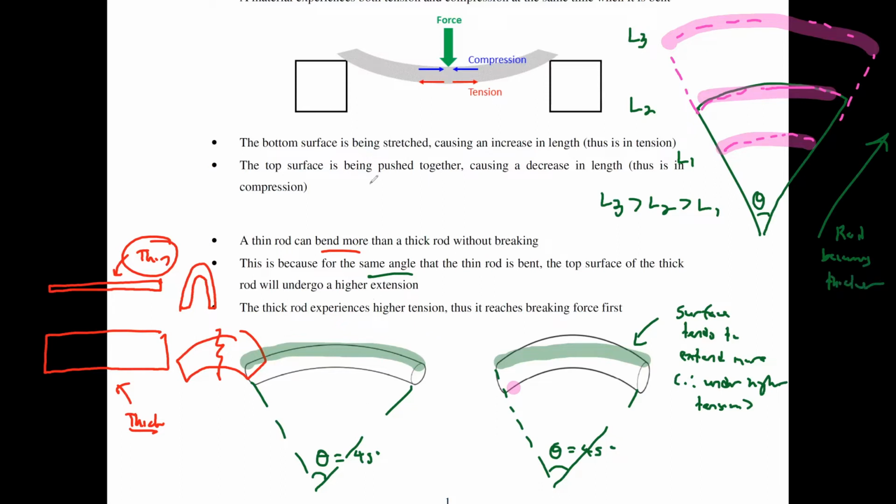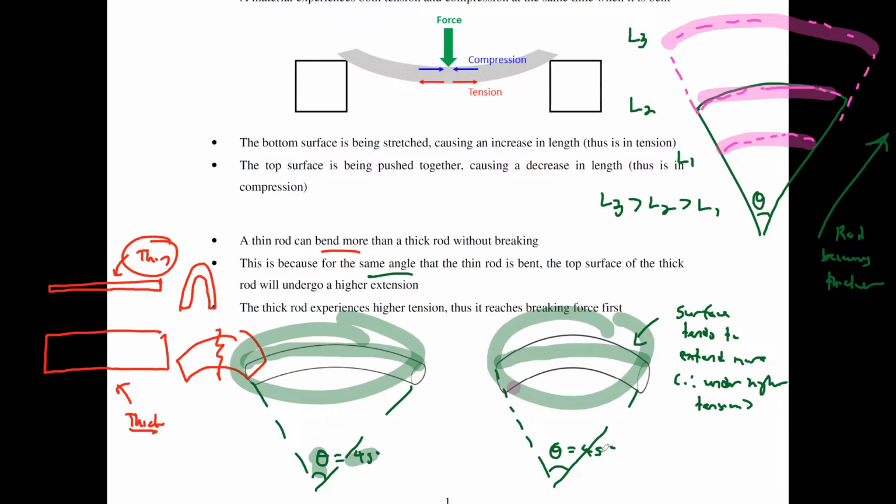So the idea here is that if you have a thin rod and a thick rod, you bend it by the same angle theta, let's say 45 degrees here. This thick rod tends to have a larger change in length. This rod here at this surface here, it will tend to extend more.